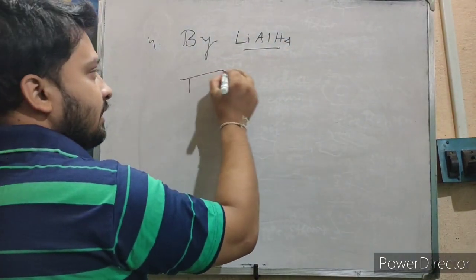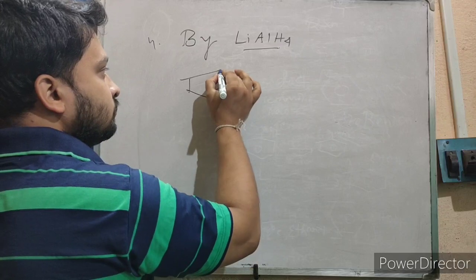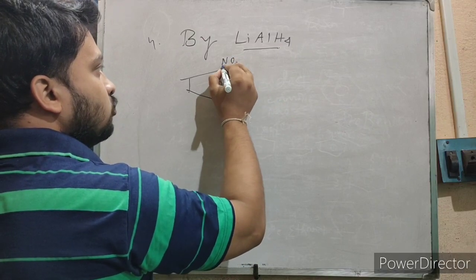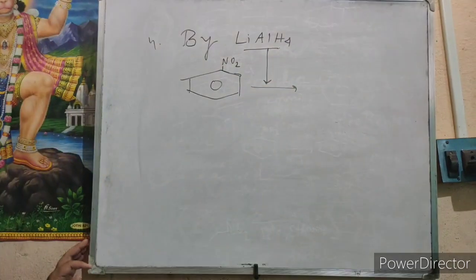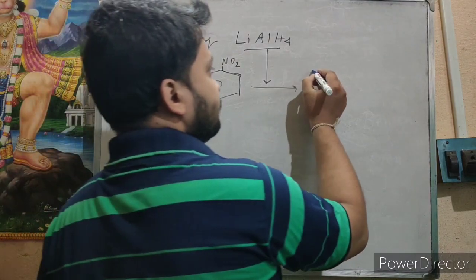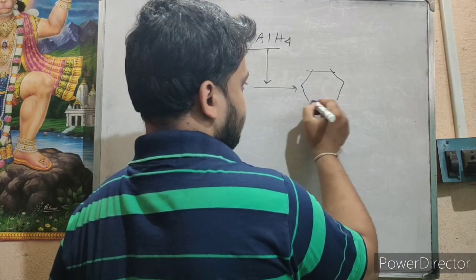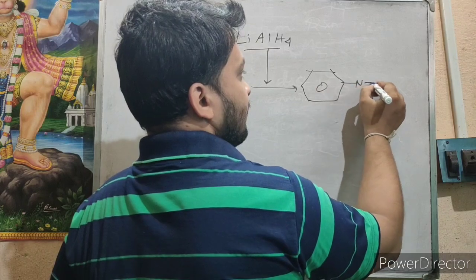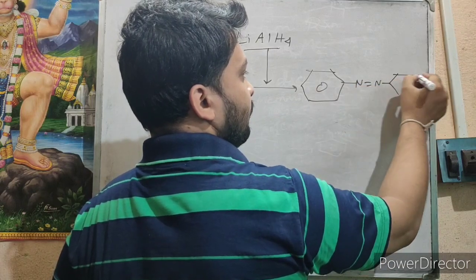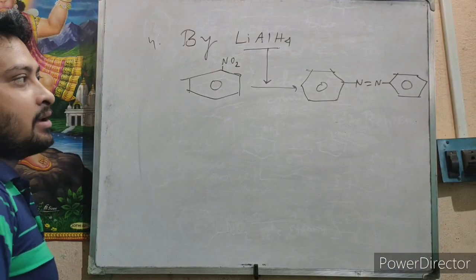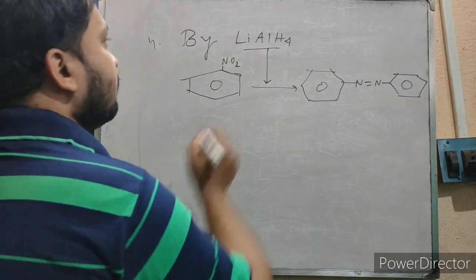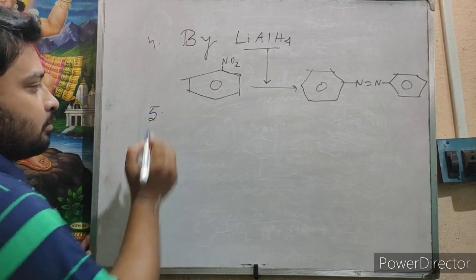So if you have nitrobenzene, NO2, and you want to use this lithium aluminium hydride, you get the product that is the azo product. Similarly, this is a reduction reaction in the presence of basic medium, by lithium aluminium hydride.